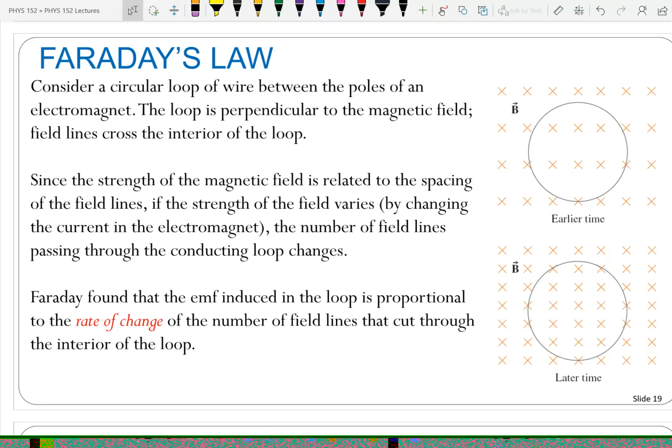If the magnetic field got stronger, is that going to constitute a change in magnetic flux? Yes, it will. Because the magnetic flux is the magnetic field going through. The magnetic field is all going through here because the direction is parallel to the area. So we have, going from the earlier time to the later time, an increase in magnetic flux.